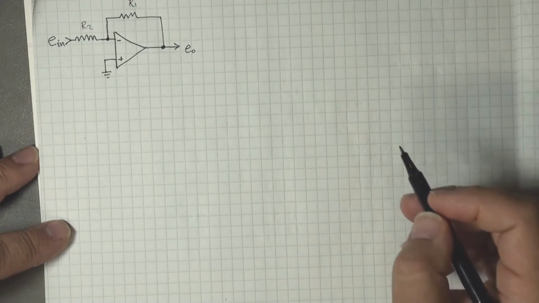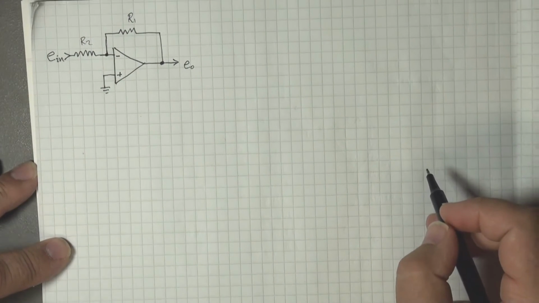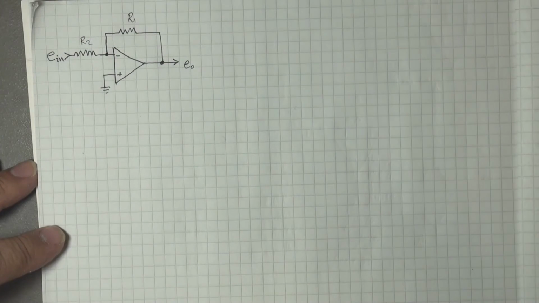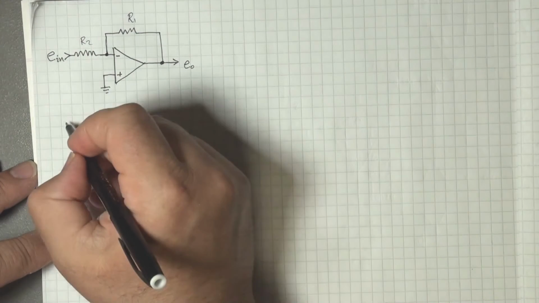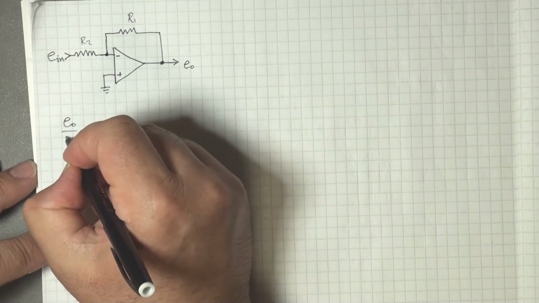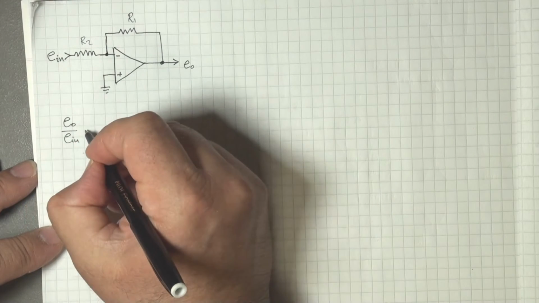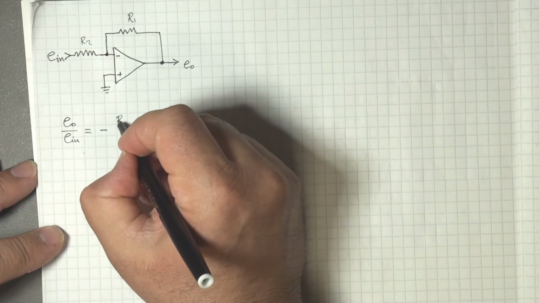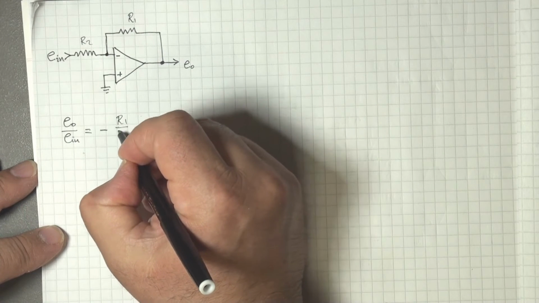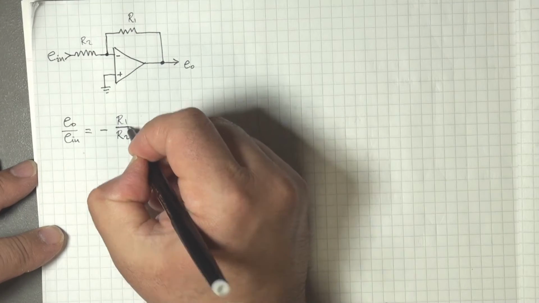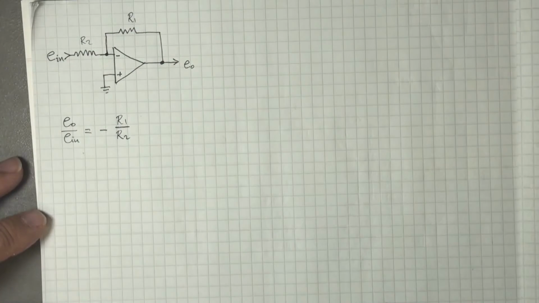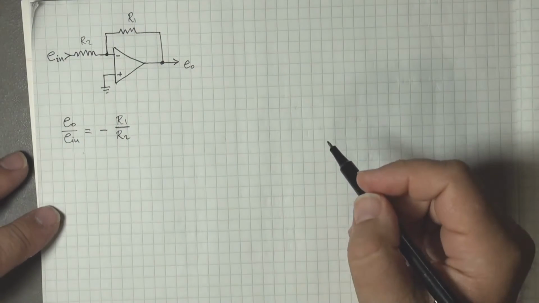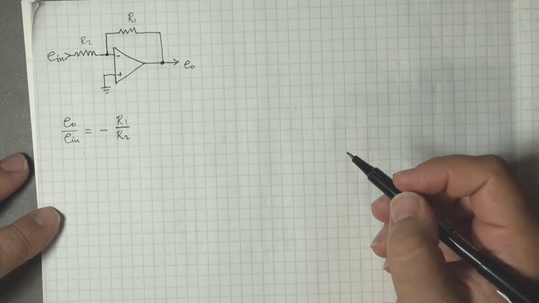Well, this is a fairly static circuit in the sense that the output to input relation is simply given by the negative of the R1 over R2 ratio, which you can probably find in many operational amplifier textbooks.